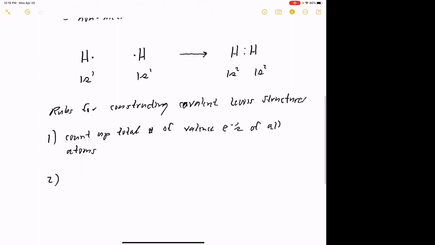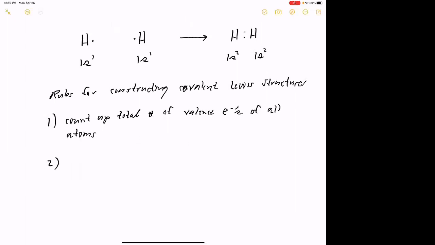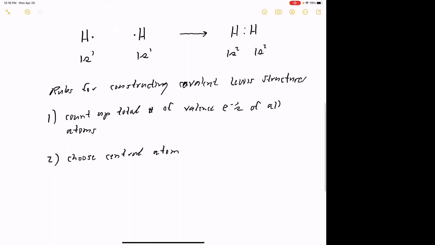So the second thing is I need to choose the central atom. Who goes in the middle? Now, obviously, this is for molecules that are a little bit more complex than simple H2, where we actually can have an atom in the middle and other atoms radiating around it. Okay, so the central atom, the one that goes in the middle, has to satisfy 2 requirements.